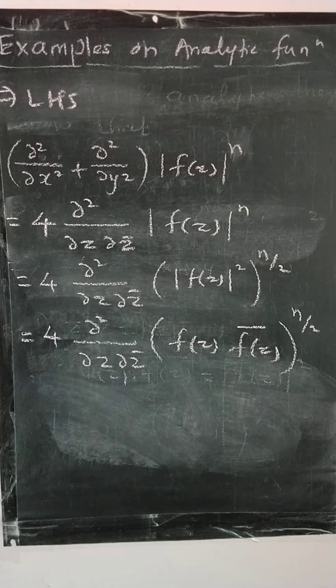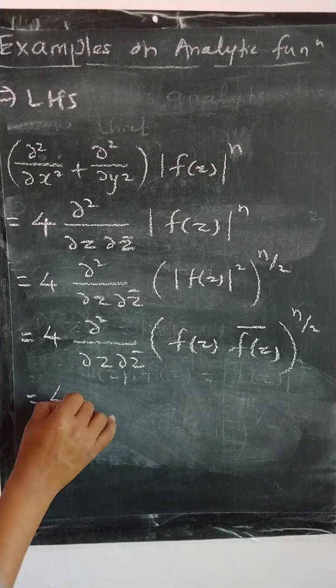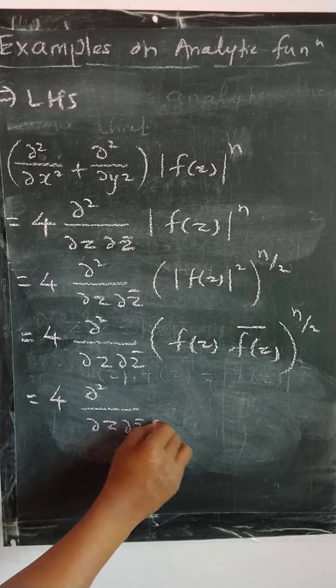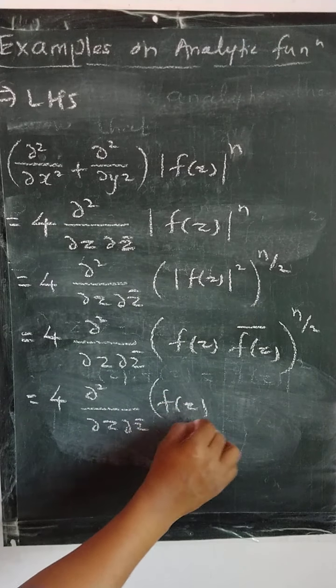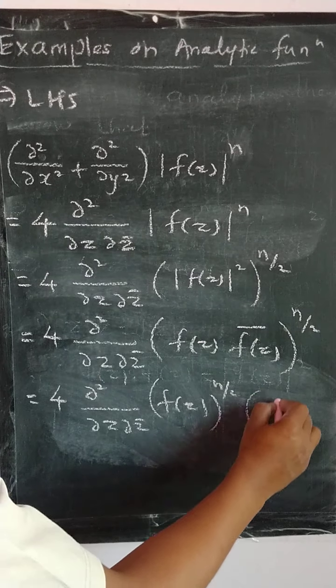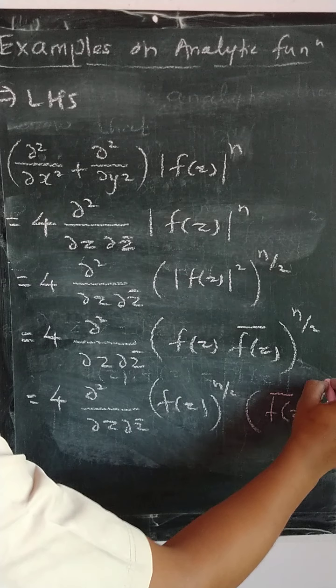If I split this power, I get 4 times ∂²/∂z∂z bar of f of z raised to n by 2 and f of z bar raised to n by 2.